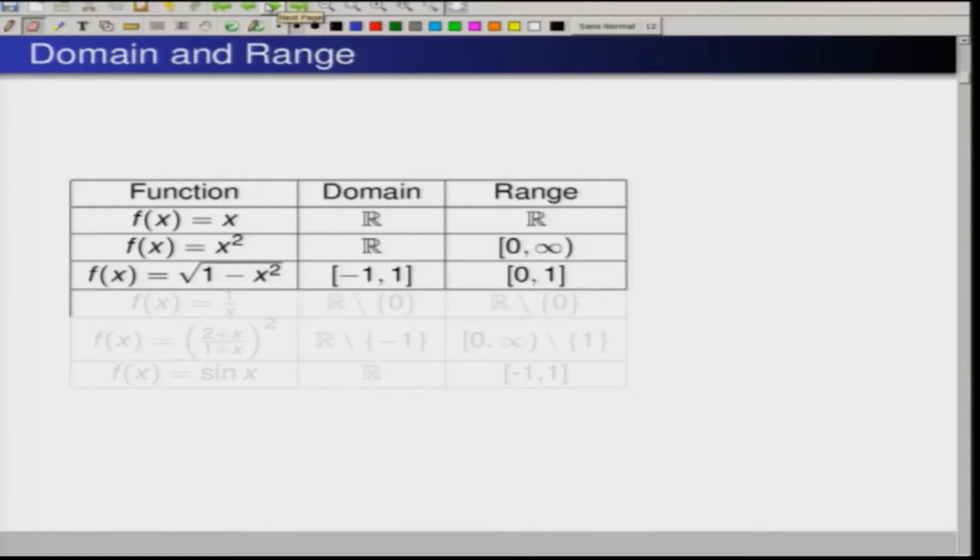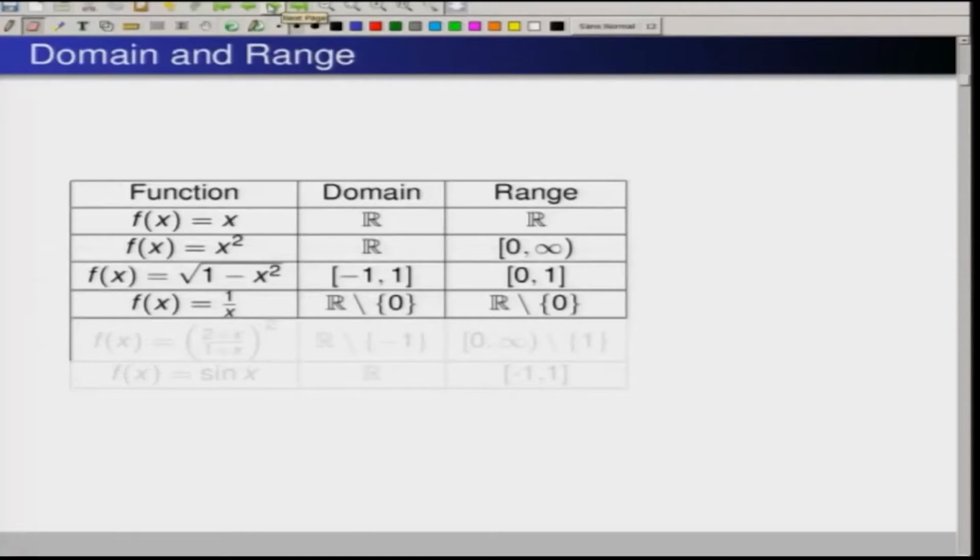That means x square has to be less than or equal to 1, so x has to be between minus 1 and 1. So, in this case the domain is the closed interval minus 1 to 1. What will be the range? We are taking the positive square root as the function, therefore the range is going to be closed 0, closed 1.